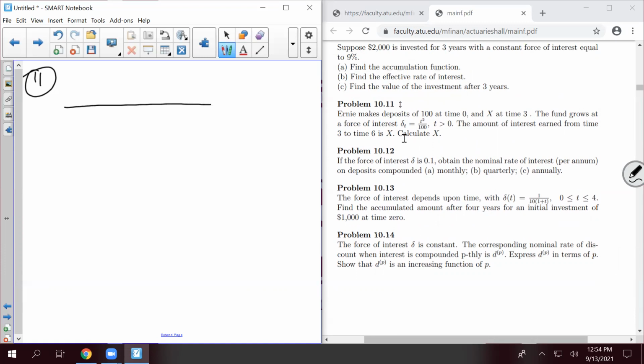So at time 0, you deposit 100, and then X at time 3. Deposit X, and then 6 is the next time of interest.